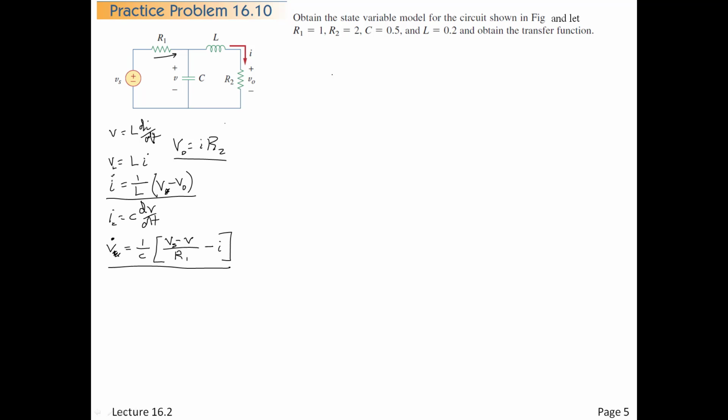Remember now, we're headed for this form in terms of our variables. V dot, I dot, is equal to what?